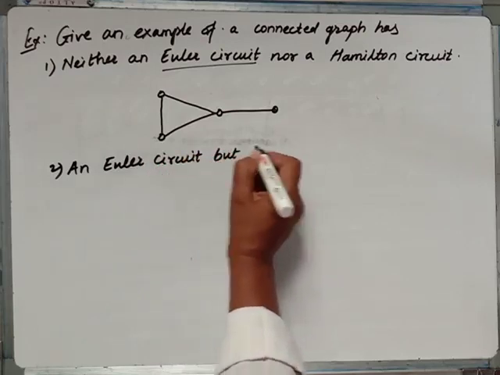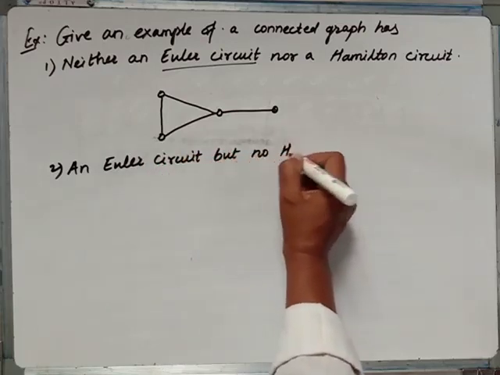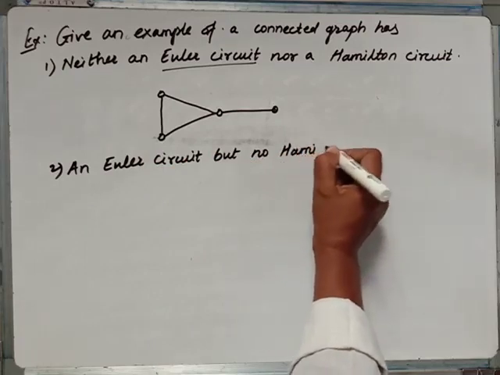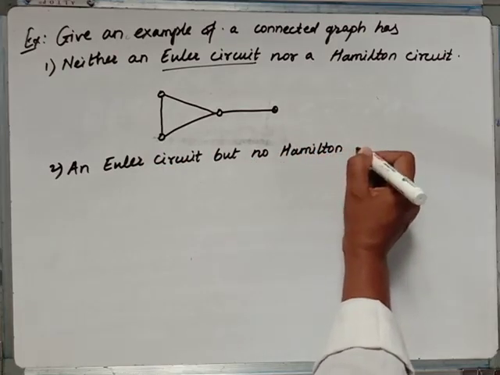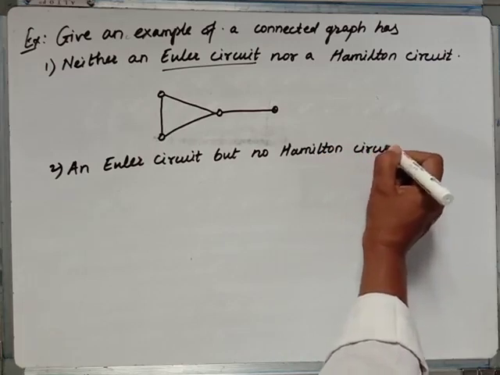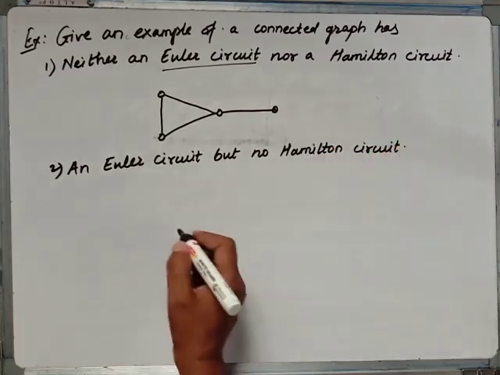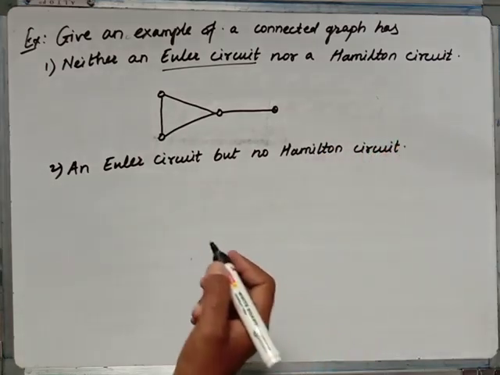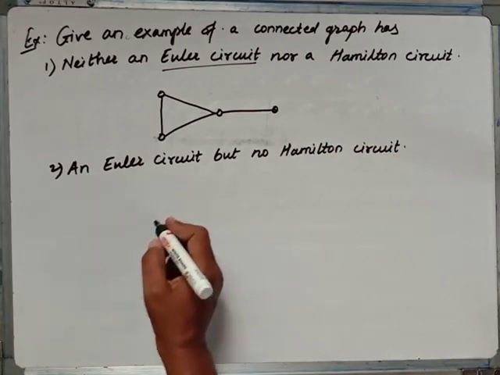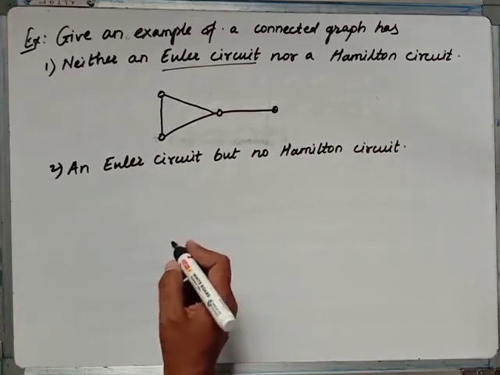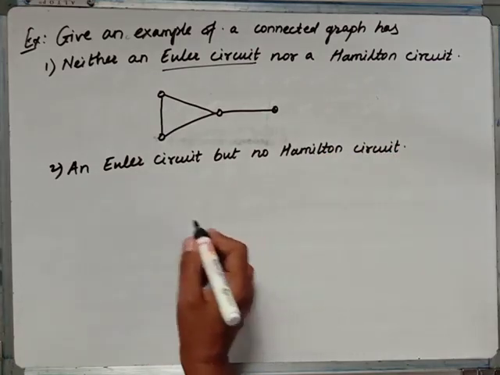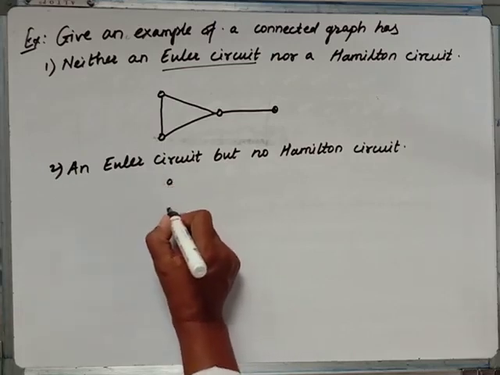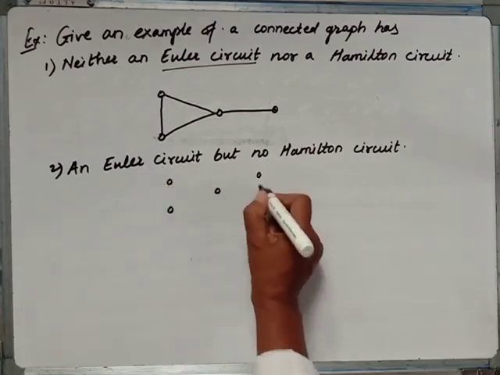Another one, suppose an Euler circuit, but no Hamilton circuit. In an Euler circuit the vertex may be repeated, but in Hamilton it won't be, right? In an Euler circuit each edge should come once. No restriction about the vertices there. So let me draw one graph as such here.